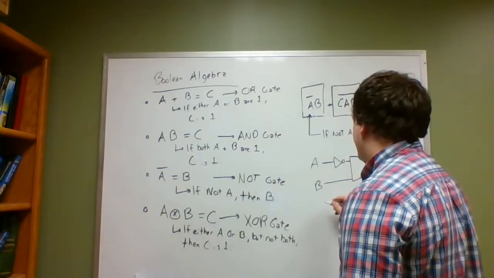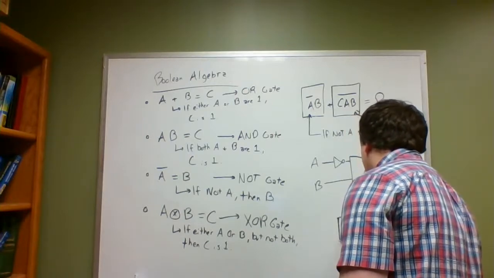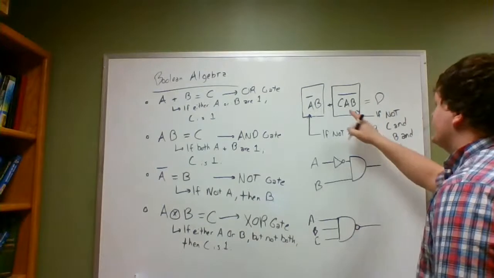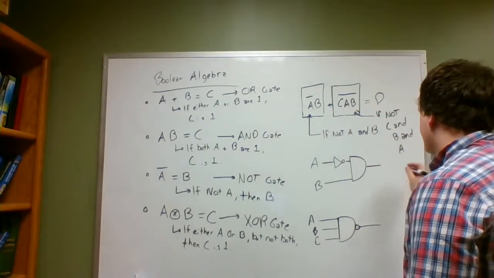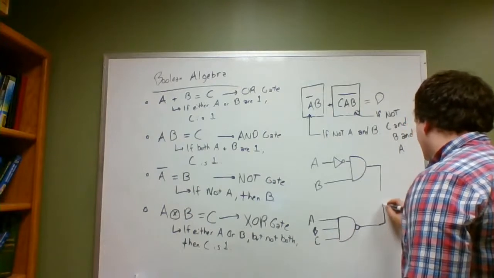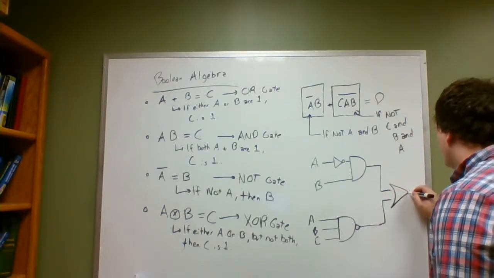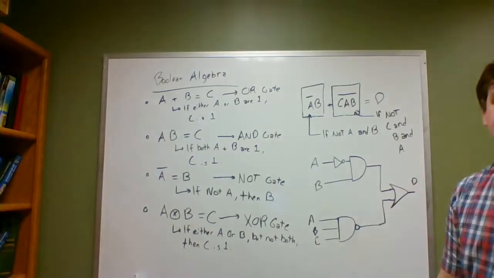So we can write it as one of these. Got our C. And then these go into an OR gate, which comes to a D. So that's what our logic system looks like.